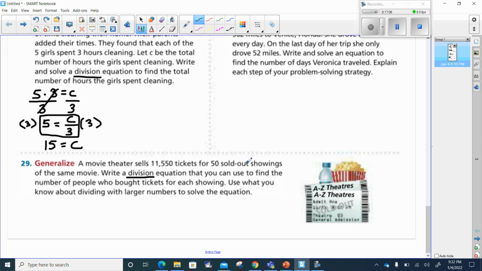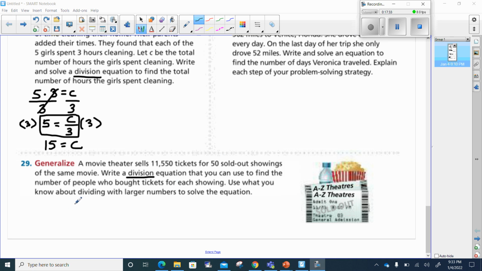If you sold these out, then you would basically be multiplying these numbers together, right? Well, you might think that, but if you look closely, you're going to realize they're saying that they sold all these tickets for the show. So really, you're talking about taking these number of tickets and dividing it by 50.